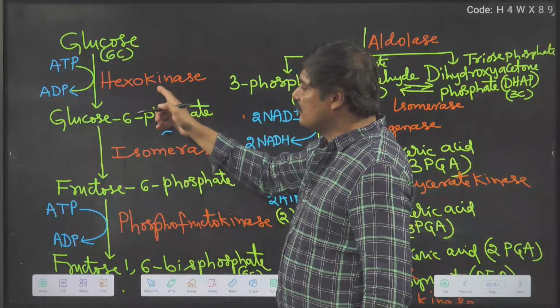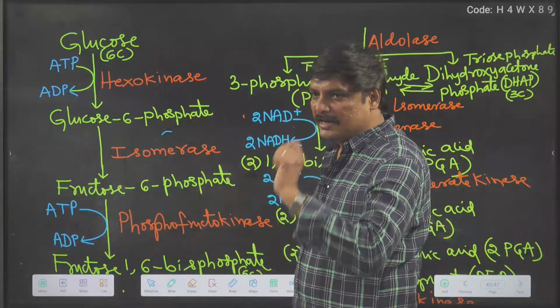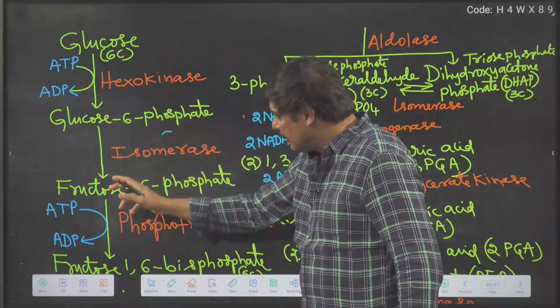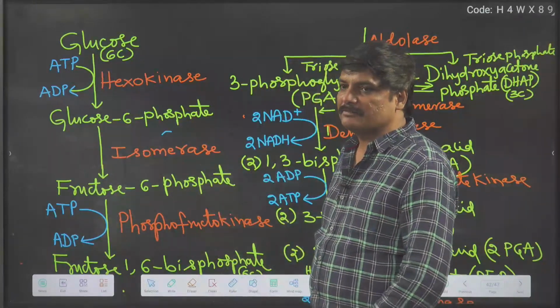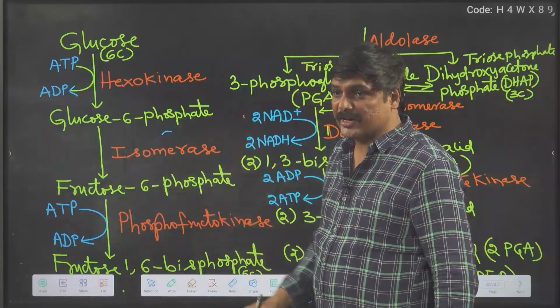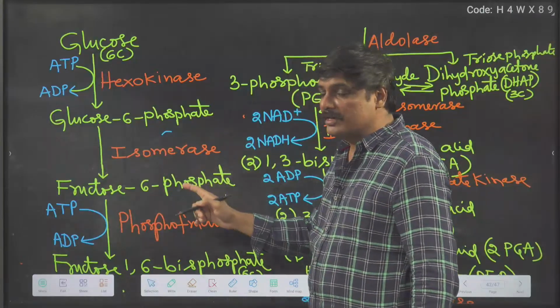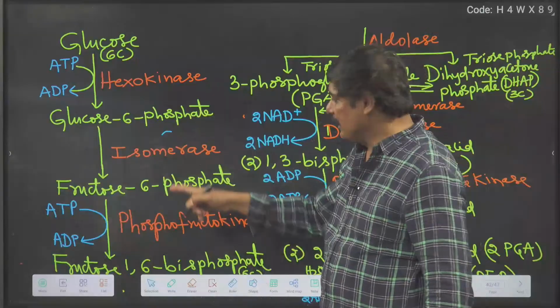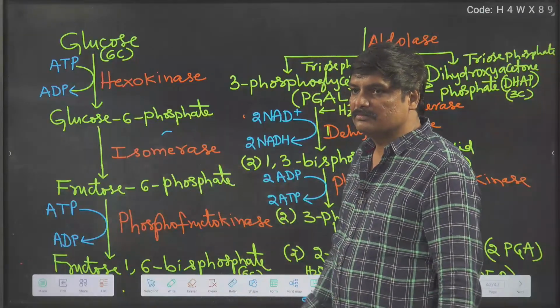This is catalyzed by hexokinase. Second reaction, this glucose 6-phosphate is isomerized into fructose 6-phosphate. This is the second step, an isomerization reaction. The enzyme involved is phosphohexose isomerase. Simply I wrote it as isomerase.